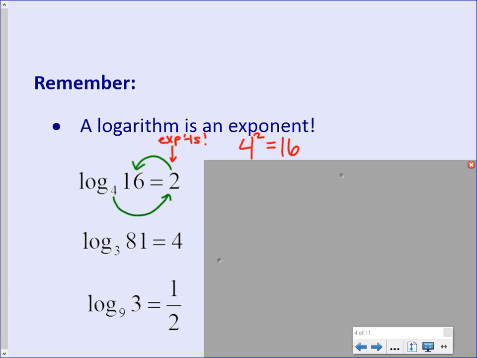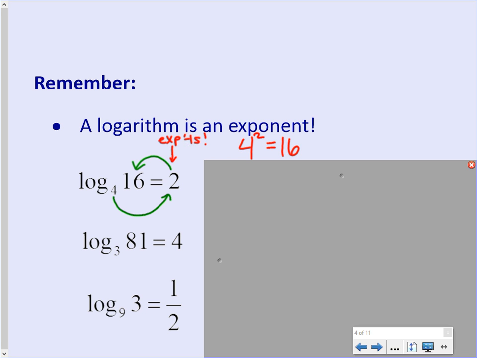And then Maggie's got her definition memorized, so she knows exactly what's what and where it goes. The other way to think about it is always start here because this is your base. So it's the base of your log, it's the base to your exponent. Start at the base, go around the equal sign, pick up your exponent. A base raised to the exponent is equal to the thing that you're taking the log of. So you can also use the circle or spiral method to rewrite them.